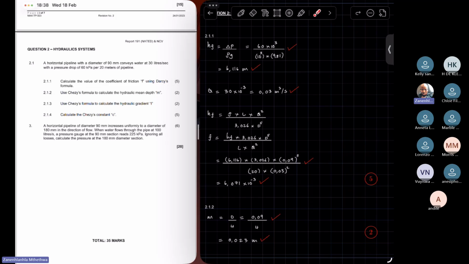So the 20 meters is the length we are going to use, because we have the pressure drop, or the change in pressure, for only the 20 meters. So we'll be able to calculate whatever it is we need to calculate here, based on the pressure drop of 60 kilopascals, which occurs every 20 meters of the pipe length.